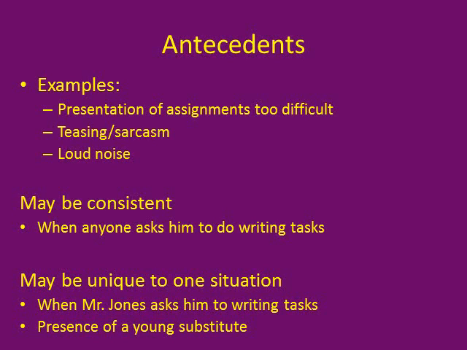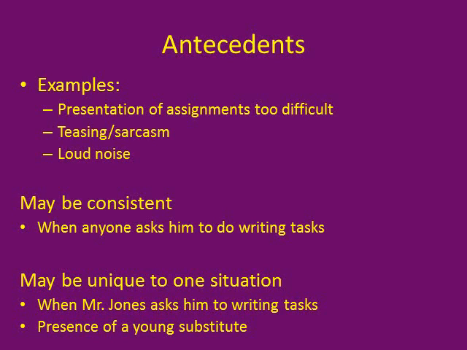So some examples of antecedents are presentation of assignments that are too difficult, sometimes teasing or sarcasm, loud noise. They may be consistent when someone asks him to do his writing task. These are reliable predictors or antecedents. They may be unique to one situation.